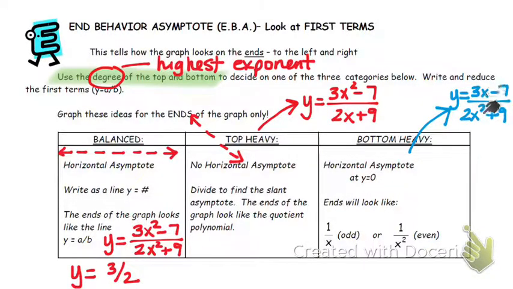Whenever it's higher on the bottom, that's the easiest to determine, because that's automatically going to be a 0. So you'll have a horizontal asymptote. It'll be a straight horizontal, and it's automatically going to occur at y equals 0. You don't have to do division. It's just automatically y equals 0.